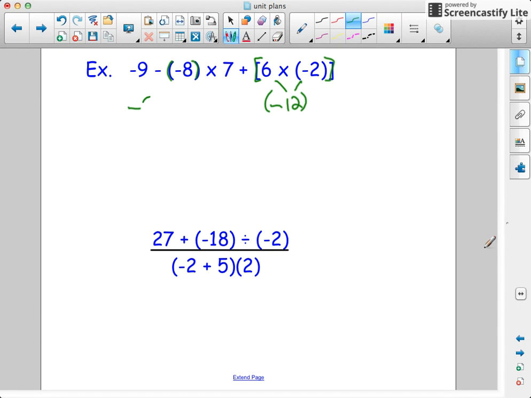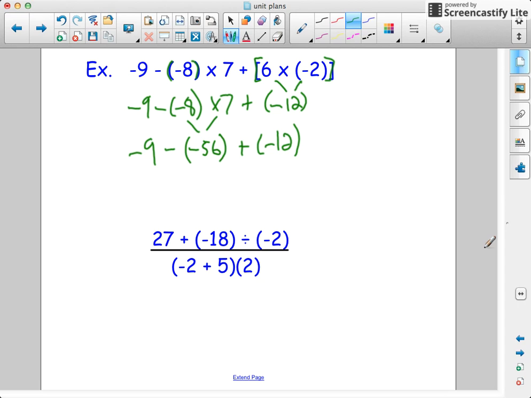Now I'm going to rewrite the whole question exactly the same, except I'm going to put in -12 instead of that part. So now I need to do multiplication next. So -8 times 7 is -56. I'm going to put that in brackets. So I rewrite the entire question the exact same way, except without that.